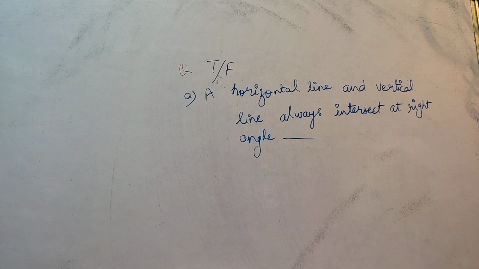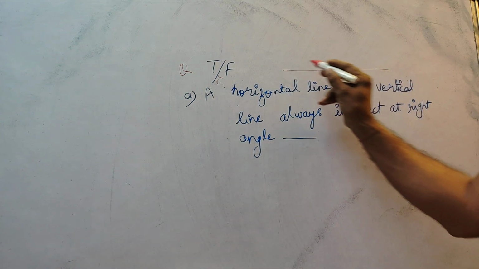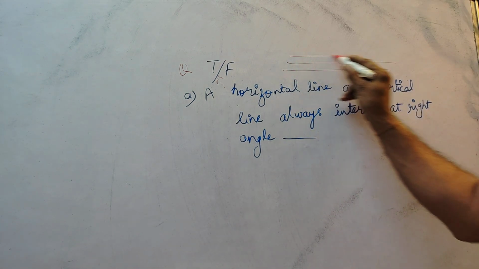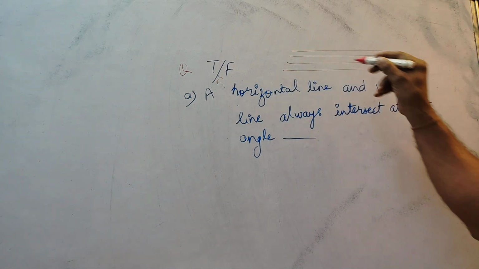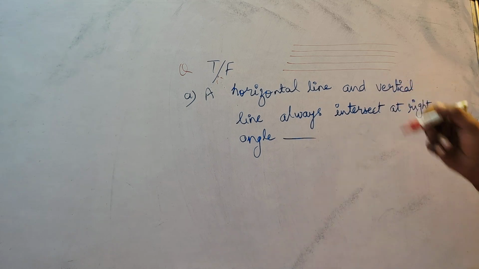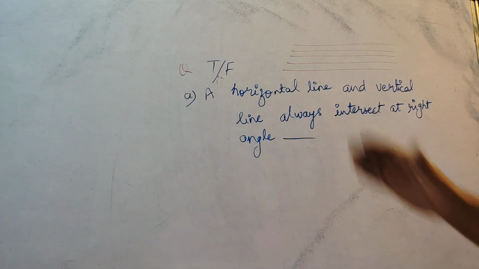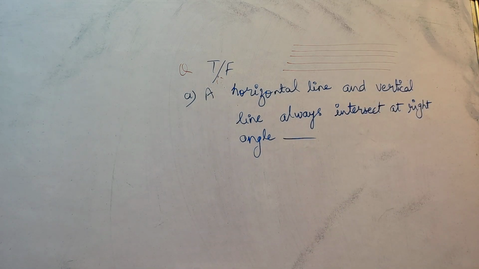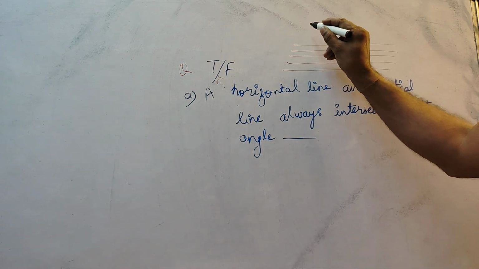So the horizontal line means the x-axis. In your notebook or copies, you see these lines. These are horizontal lines. And vertical lines means just cutting at right angle to these lines.